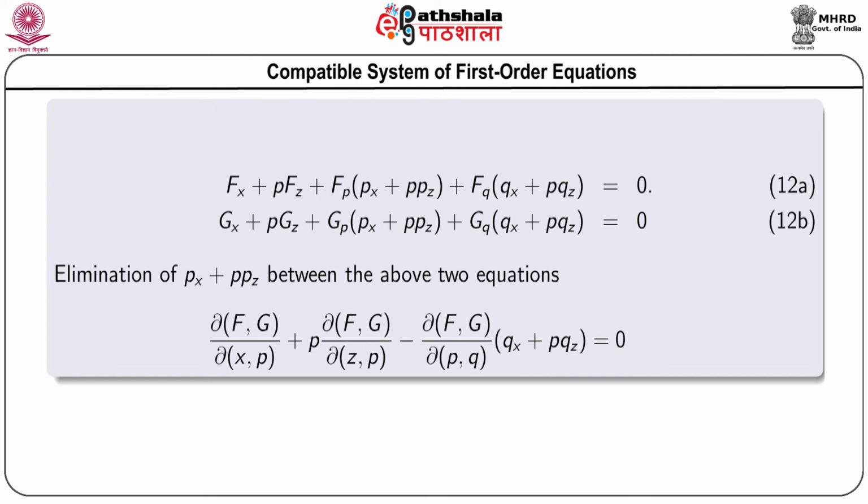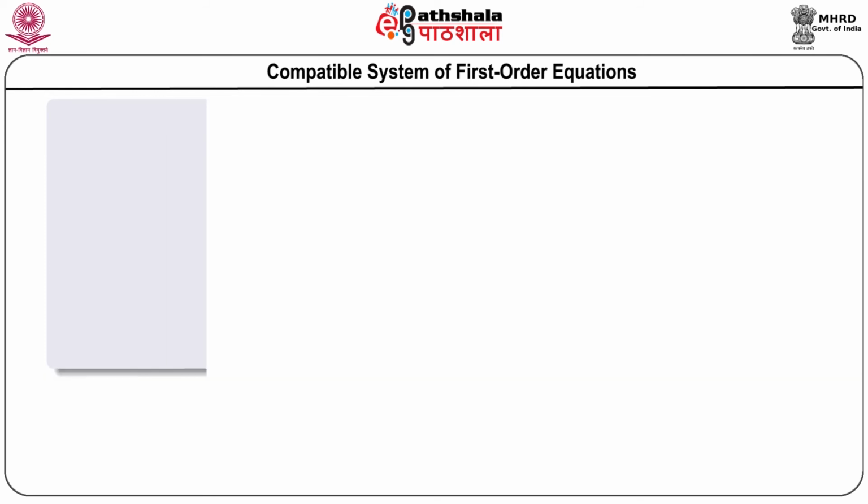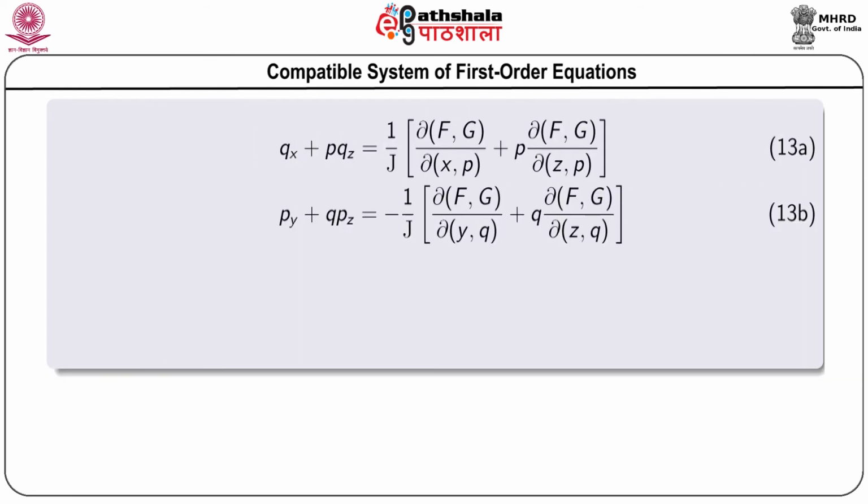From this equation, one can find the value of Qx plus P Qz, which is written in 15a. So, the value of Qx plus P Qz is 1 by J times del(F,G) by del(x,p) plus P del(F,G) by del(z,p). Here J is the Jacobian of the functions capital F, capital G with respect to the variables p and q.